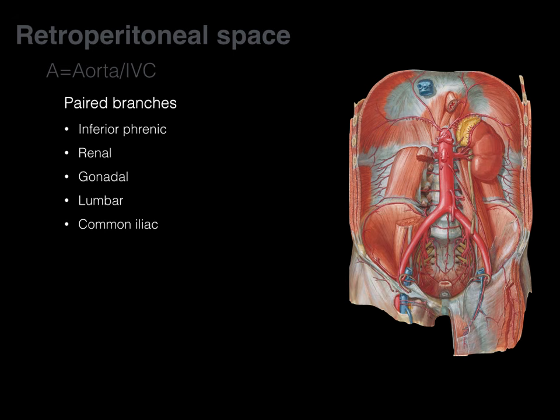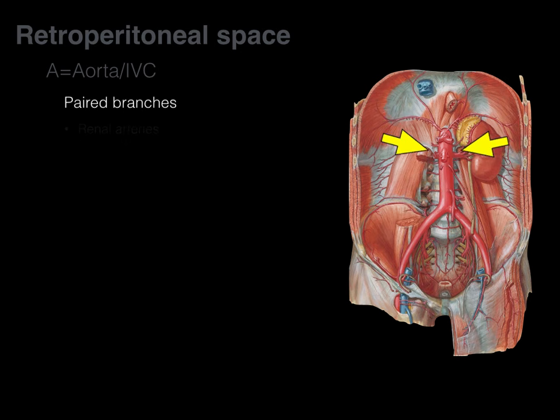Now, there are paired branches that come bilaterally off the aorta. The most superior of the paired branches is called the inferior phrenic because it's on the bottom, inferior surface of the diaphragm, phrenic, and it supplies the diaphragm. We have the renal arteries, which get their names because they supply the kidneys, hence renal. And we have the gonadal arteries, which get their names because they supply the gonads.